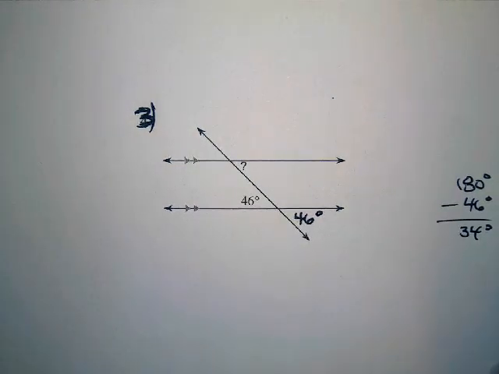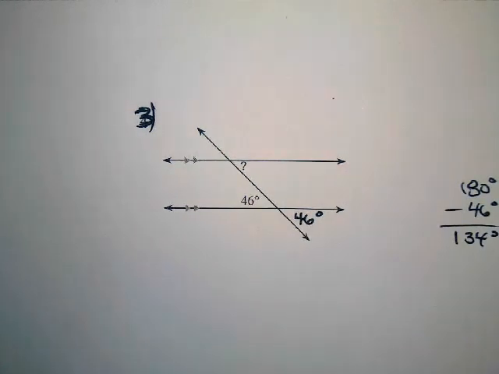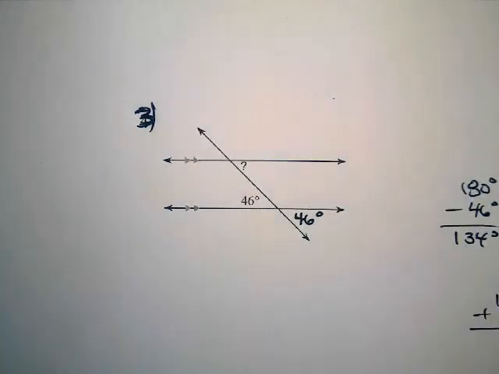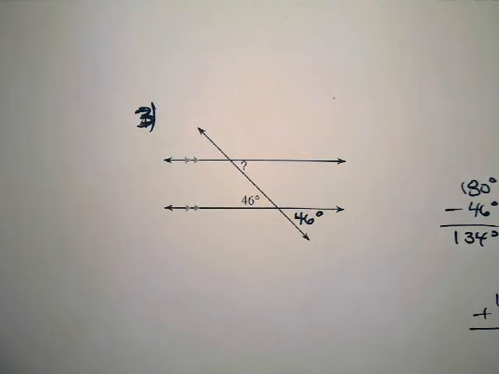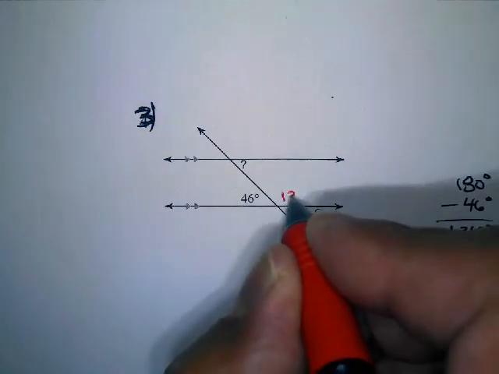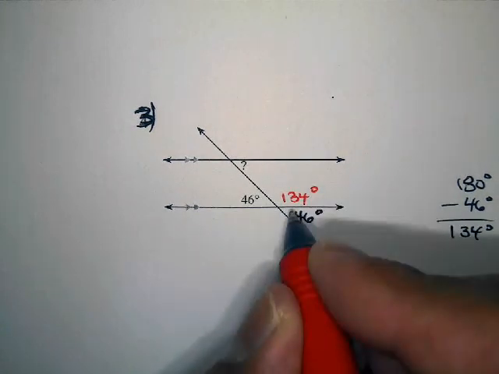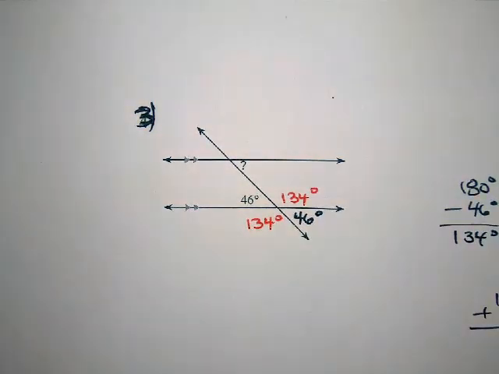I believe it's 34. Is it 34? I mean, not 34, 134, right? Let me see, 134 plus 46. Yeah, it is. So if these two are 46 and 46, that means this one's 134. And if that one's 134, these are also vertical, right?